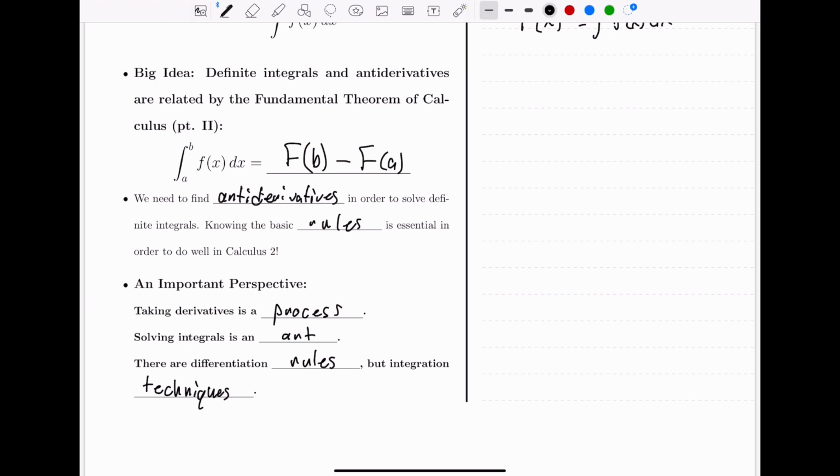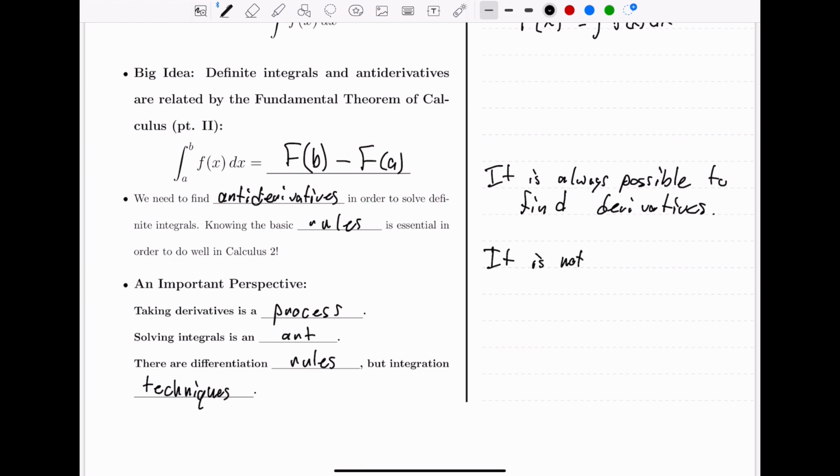Another way I like to think of this is to think in these terms. It is always possible to find derivatives. We simply follow the derivative rules. However, it is not always possible to find an antiderivative or an indefinite integral in terms of a closed form.